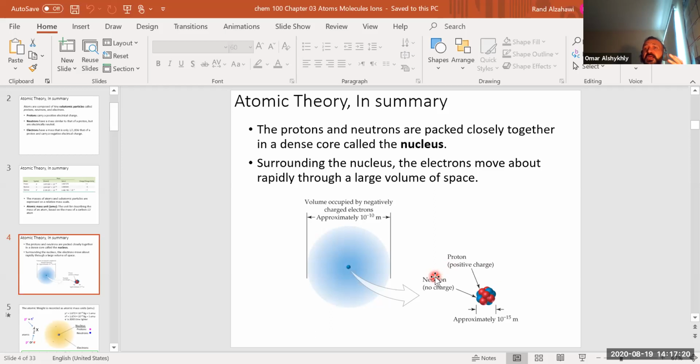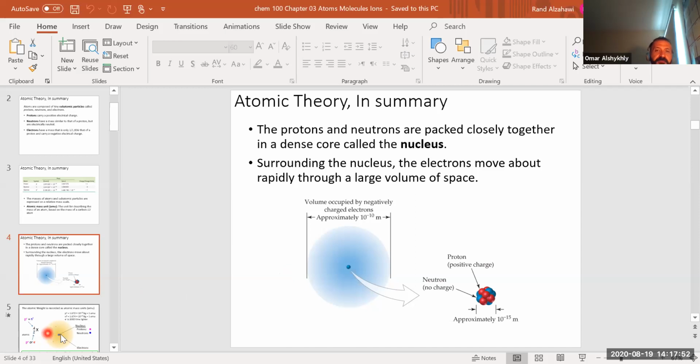This represents the mass of the atom because it has the protons and neutrons. We agreed that we will ignore the electron. The electron mass doesn't affect much because it's a very, very teeny particle compared to the neutron and proton. So we will just focus on the number of protons and neutrons in this very small space.